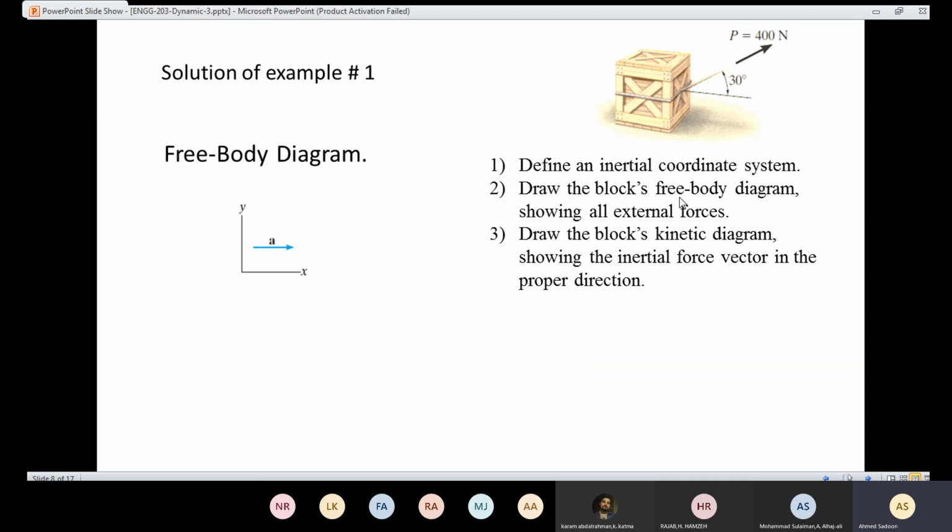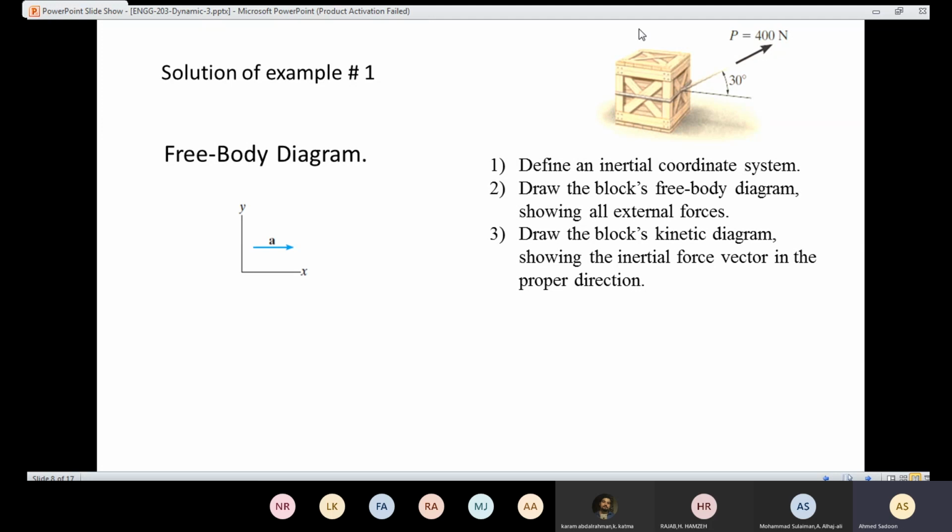Then I need to draw the block's free body diagram showing all the external forces. Remember, we said that the free body diagram includes the weight of the particle, the normal forces, the frictional forces. Also, if we are going to have springs, we need to put them here, and the applied forces. Here we don't have any spring.